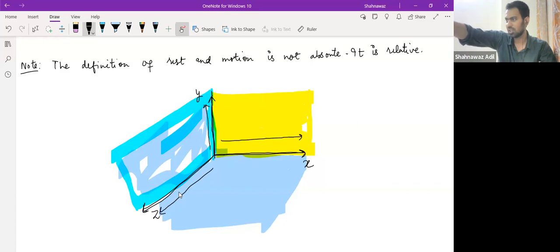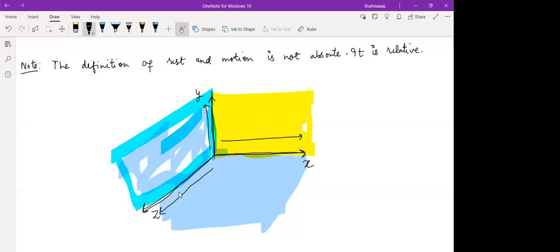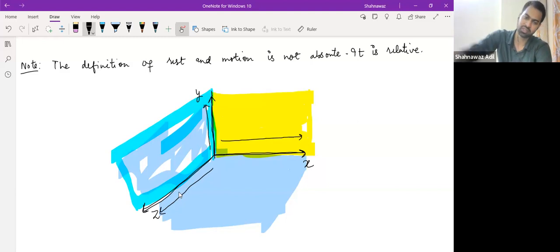Let's say they are moving along the length of the corner. So how many coordinates will you need to represent the motion of those ends? One, sir. One, right? Because you only need the x coordinate to represent the length of the floor. Is that clear? Yes, sir.